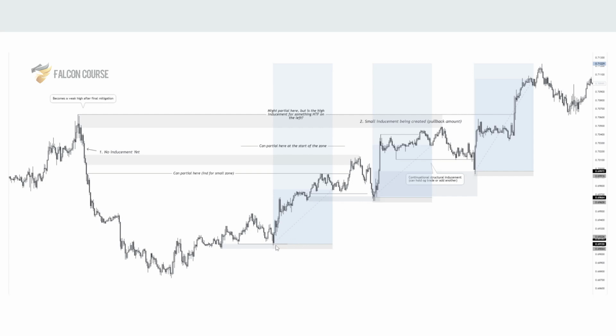So if we're in this original trade, we have a lot more safety seeing that we're inducing for a continuation. And that's what I mean by continuational structure. We want to see open zones being induced for it to reach our final target.